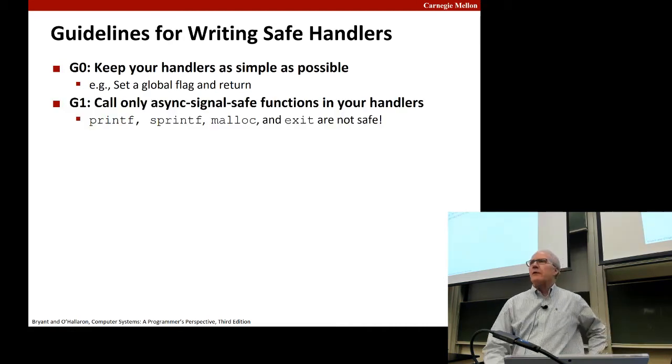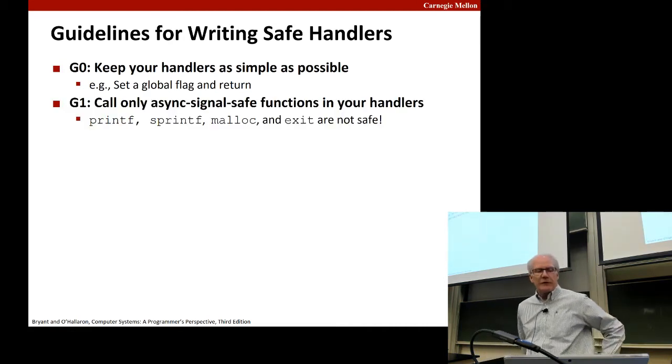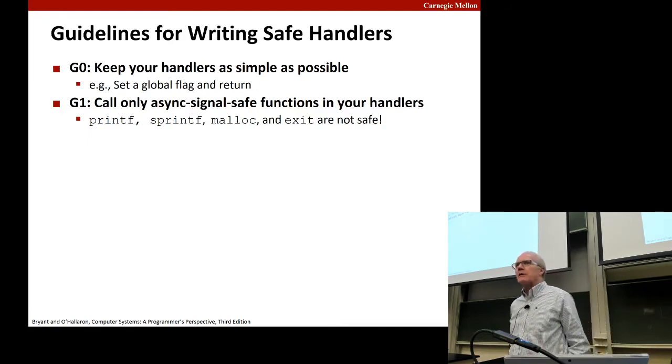The other is that there's only a very limited set of functions that you're allowed to call in a signal handler. It has to do with some very awkward interactions between the support for threading and signals. Threading is a way, as we'll talk about later in the term, that you can also create concurrent activities within a single process.